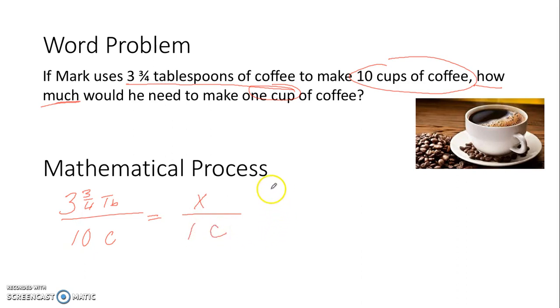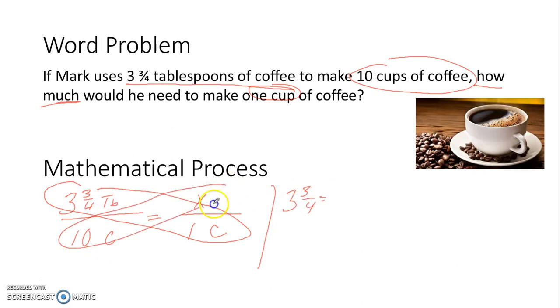Now remember, we're going to cross multiply to figure out this unit rate. Okay, so 3 3/4 times 1 is 3 3/4, which is equal to 10 times x.